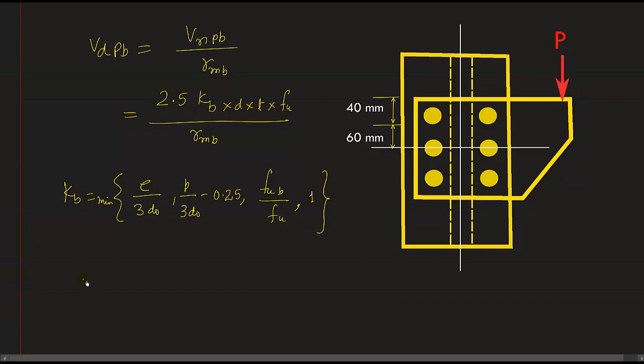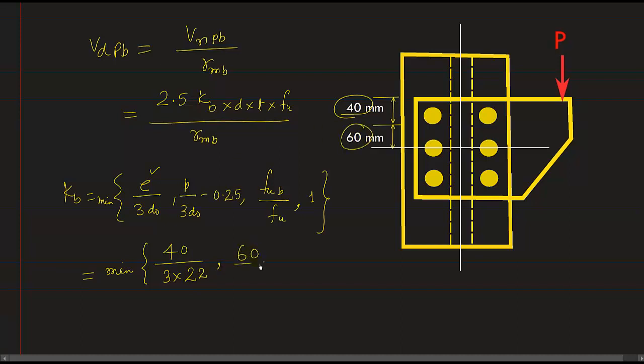So this is equal to the minimum of, and the end distance is given in this case, that is 40 mm. So 40 divided by 3, and for the bolt diameter, the nominal bolt diameter, we have to add 2 mm, so this becomes 22 mm. And the pitch distance is given, that is 60 mm.